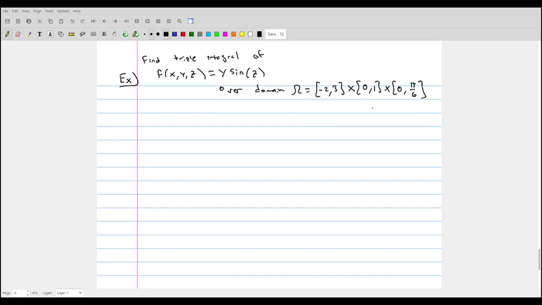So the rectangular prism for x from -2 to 3, y from 0 to 1, and z from 0 to pi over 6.